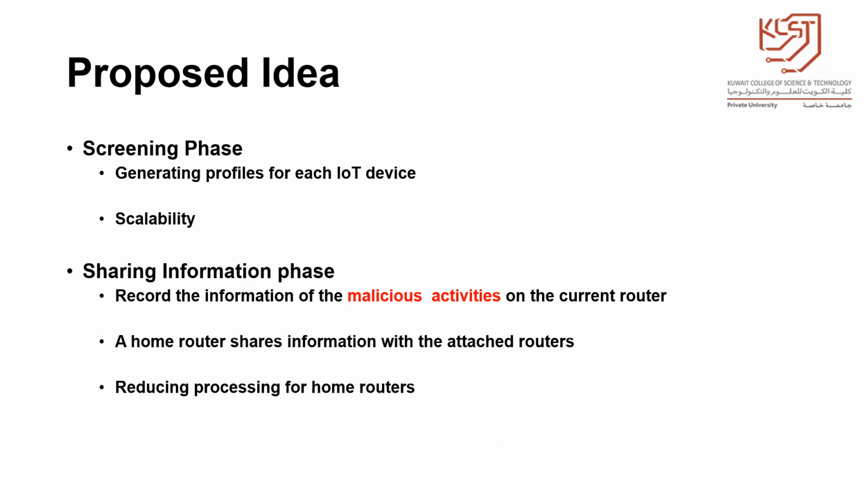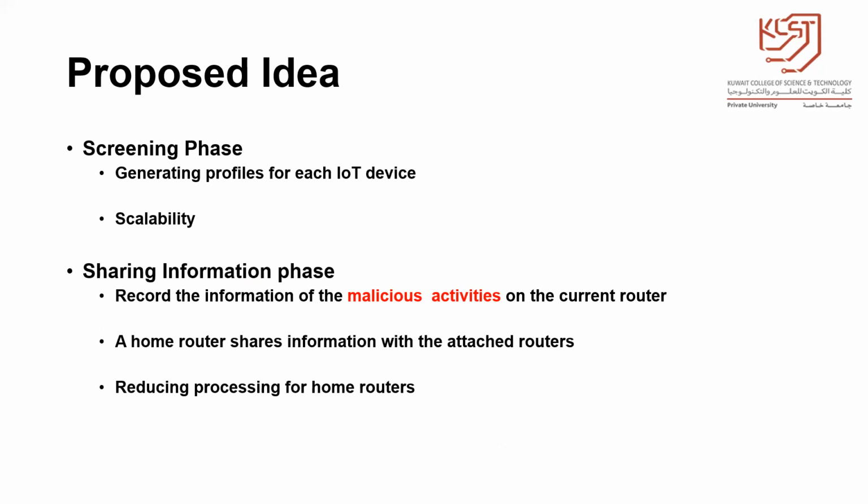After that, we have another layer of security, which is called the screening phase. In the screening phase, we generate a profile for the IoT devices. So each device is provided with a particular profile. For instance, a camera at a particular time will send a large amount of traffic to a server. That would normally be abnormal activity.